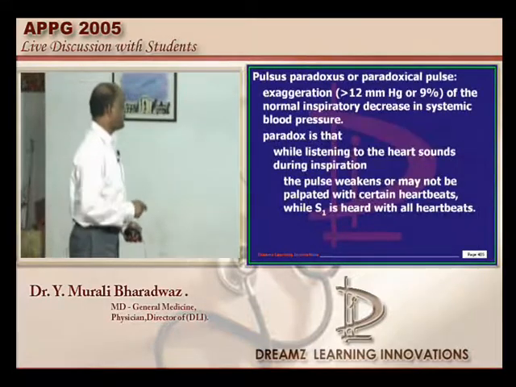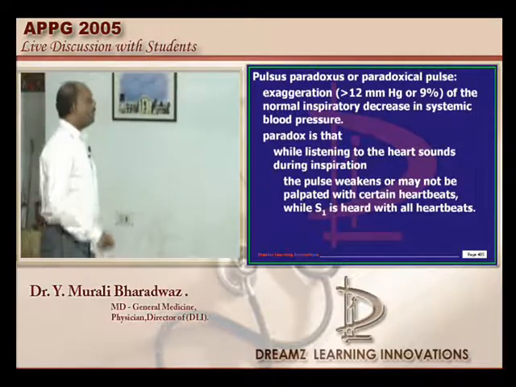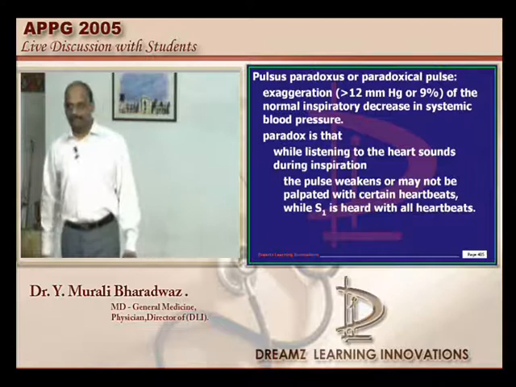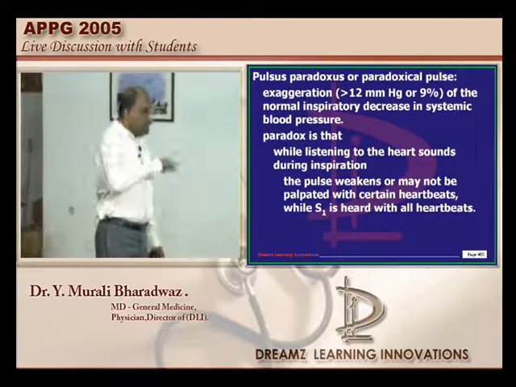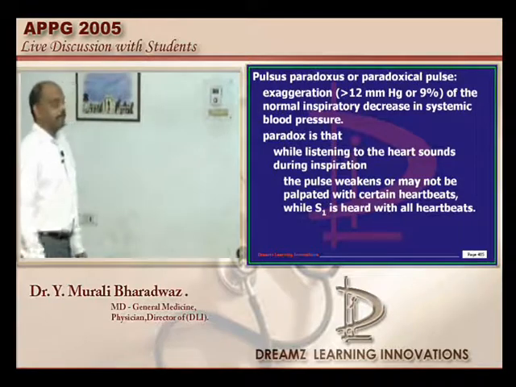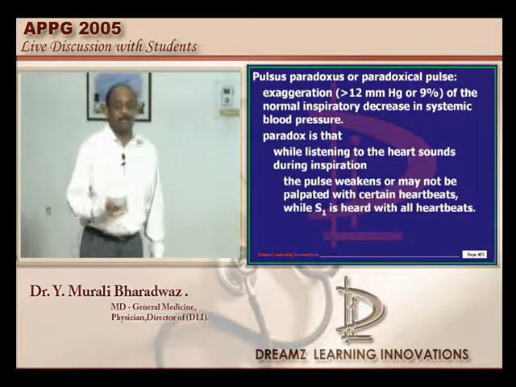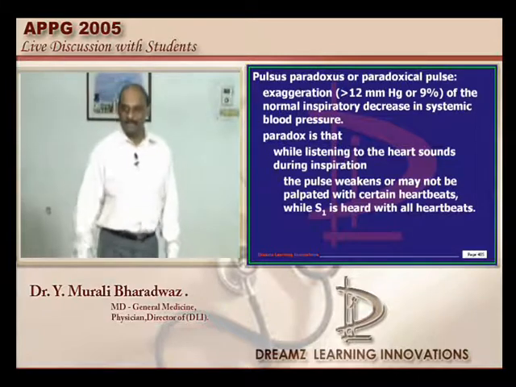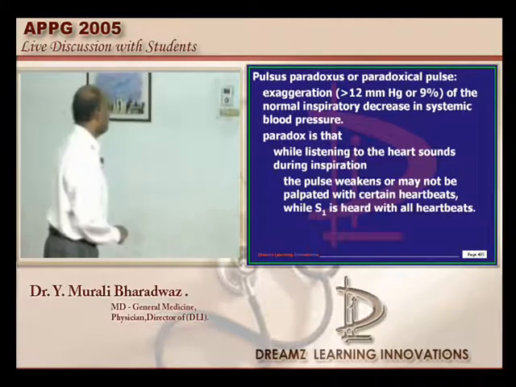Now pulsus paradoxus, what do you mean by that, doctor? Normally inspiration leads to a decrease of the systemic BP. But if there is any exaggeration of this phenomenon, then it is called pulsus paradoxus. Pulsus paradoxus does not mean that normally in inspiration there is a decrease and in expiration it will increase. That is not pulsus paradoxus. Be very sure about it, doctor.